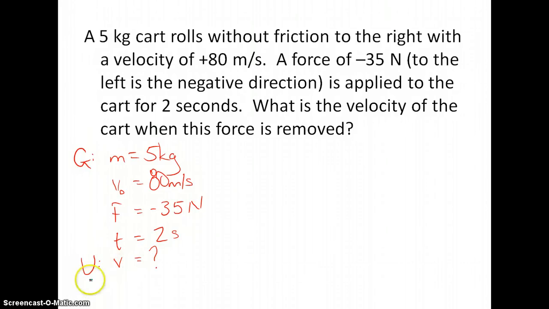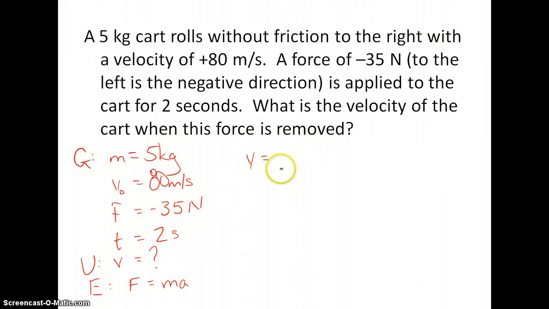So let's see if we can figure out an equation that will help us out. Let's start with your equation for force. It's equal to mass times acceleration, but that's not going to help us just yet. If we're looking for velocity, we need to go back to our kinematics equations, and we'll look for an equation for final velocity that incorporates acceleration, time, and initial velocity.